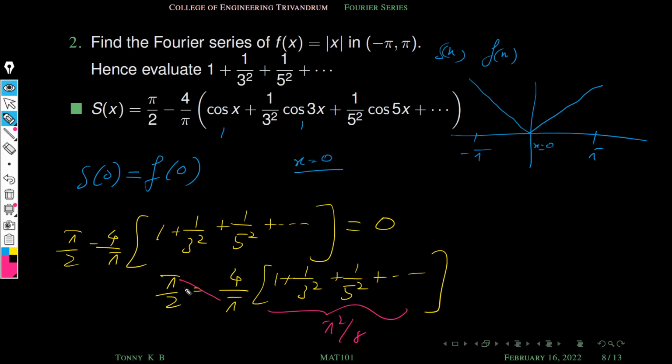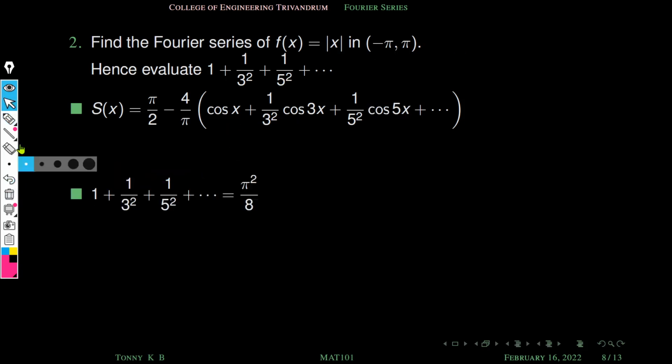You multiply this pi and 4, this becomes pi square by 8. So the value of this infinite series is pi square by 8. So this is one mathematical application of Fourier series, for evaluating such infinite series. Okay, so this is the final answer.